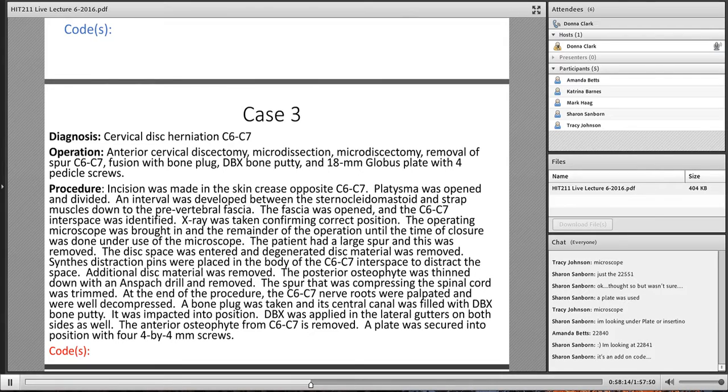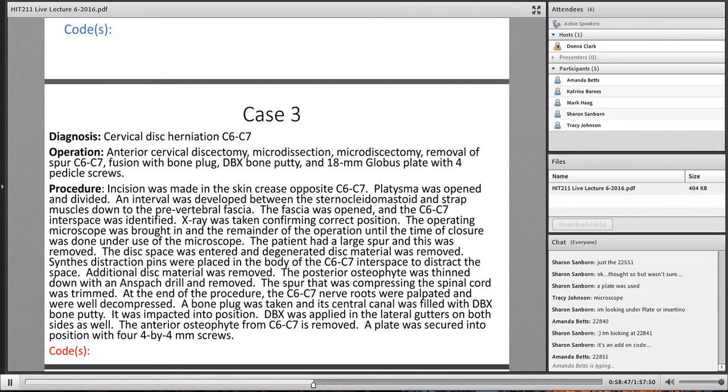All right. So you chose 22. So you went to spine, insertion, instrumentation. All right, so 22841 is internal spinal fixation.